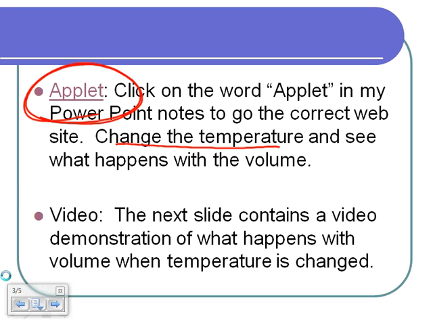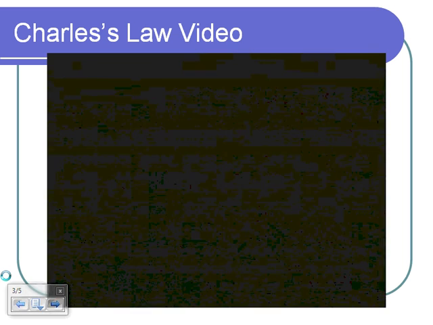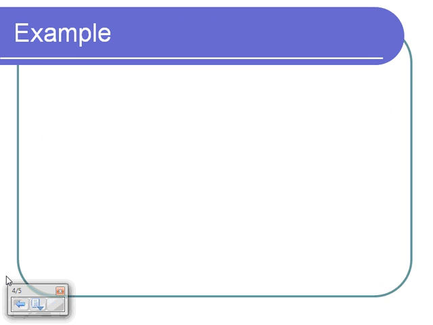It'll graph it out for you, and you can see what's going on there. There's also a video on the next slide. This video is a good illustration of what happens when you change the temperature. I'm going to skip that here because we can't show it on this part of it.